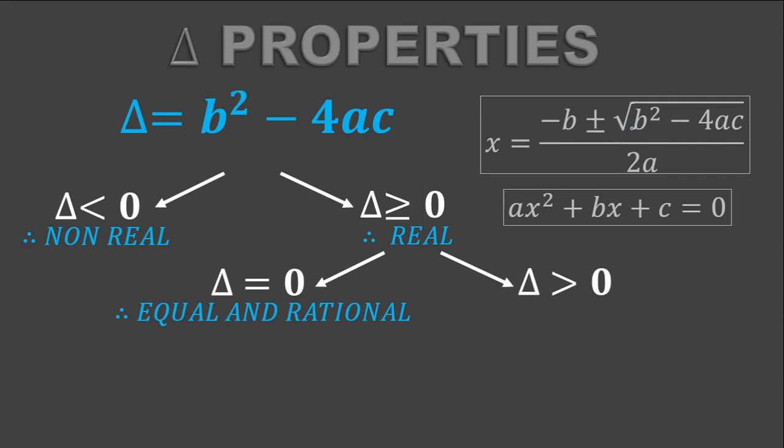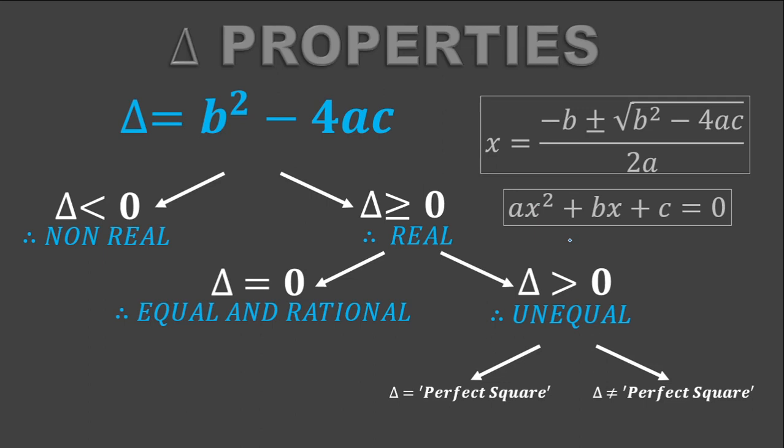And then if the discriminant is bigger than 0, obviously you'll have this square root, and you'll have one with a plus, one with a minus, so your two roots will be unequal. And then finally, for roots being unequal, we can further divide it into two options. Either the discriminant can be a perfect square, or it cannot be a perfect square.